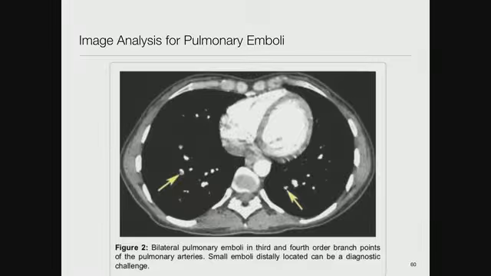Now, as I said, I'm not going to get into this today, but this was a very successful recently published paper where they're able to take a look at images of the lung. So this is a transverse scan of the lung, and they have a deep learning machine that is able to identify these two yellow marked things as pulmonary emboli, as opposed to these other things that are just random flecks in the tissue.